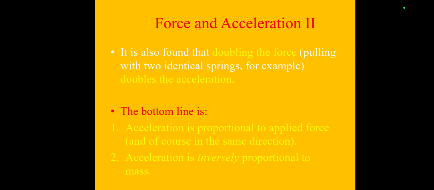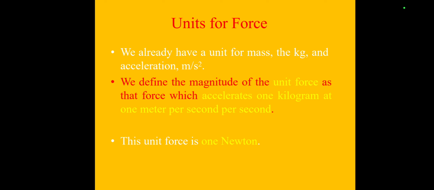Another part is force and acceleration too. It is also found that doubling the force, pulling with two identical springs, doubles the acceleration. The bottom line is acceleration is proportional to the applied force, and of course in the same direction. Acceleration is inversely proportional to the mass.